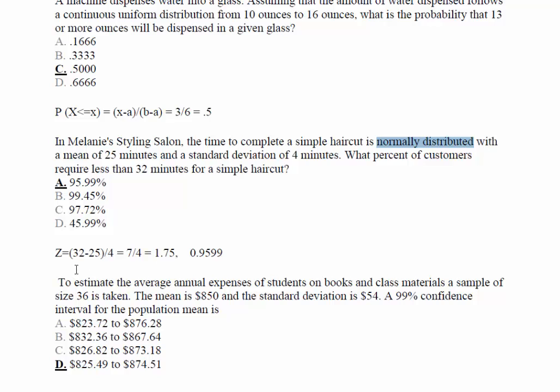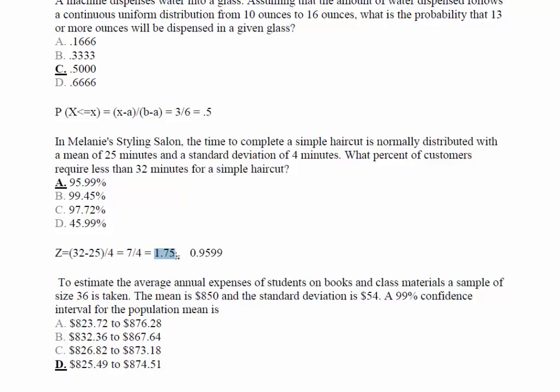For the z-score of less than 32, you take 32 minus the mean of 25 divided by the standard deviation 4. 32 minus 25 is 7. 7 over 4 is 1.75.